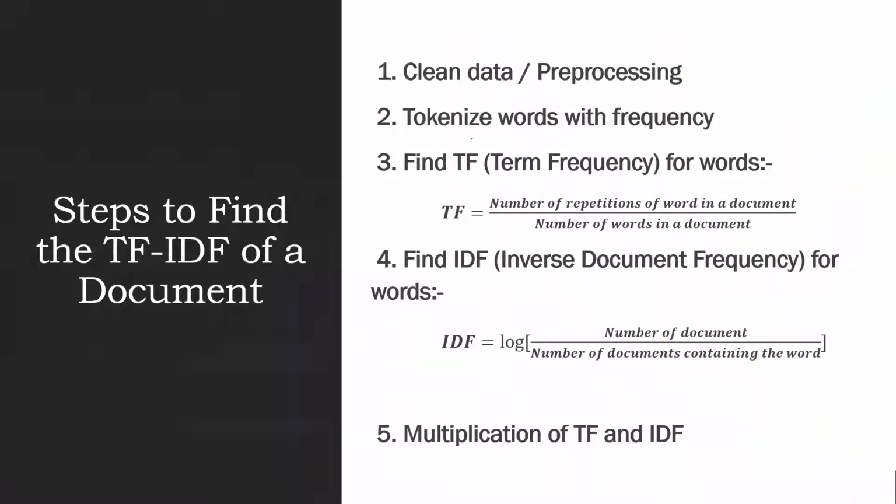The third thing is you need to find the term frequency. We already know the equation for finding the term frequency. You need to calculate how many times that word occurred in the document, and divide it by the total number of words in the document. Initially, the paragraph may contain around 100 words.